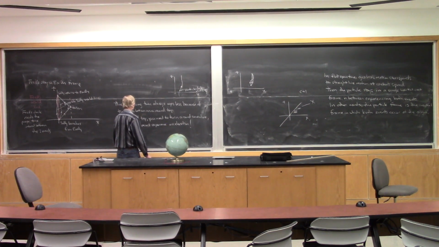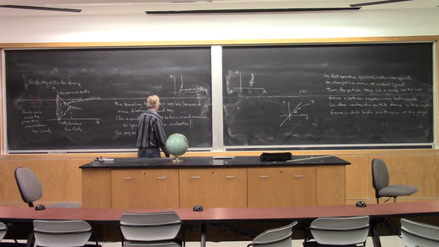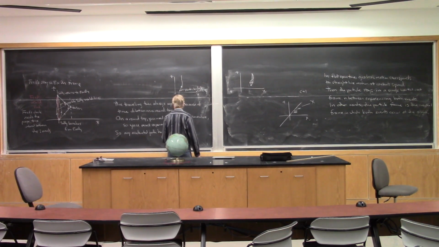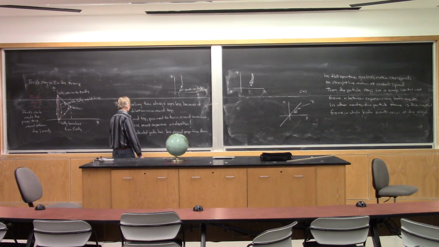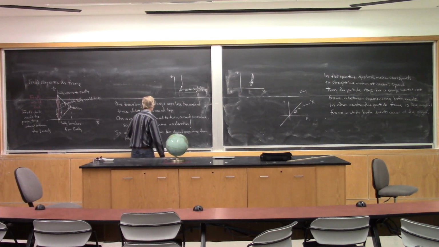So any accelerated path has less elapsed proper time than the path, any accelerated, I should say world line, because that's what our paths are called in space-time, than the world line without acceleration, the straight line at constant speed one.